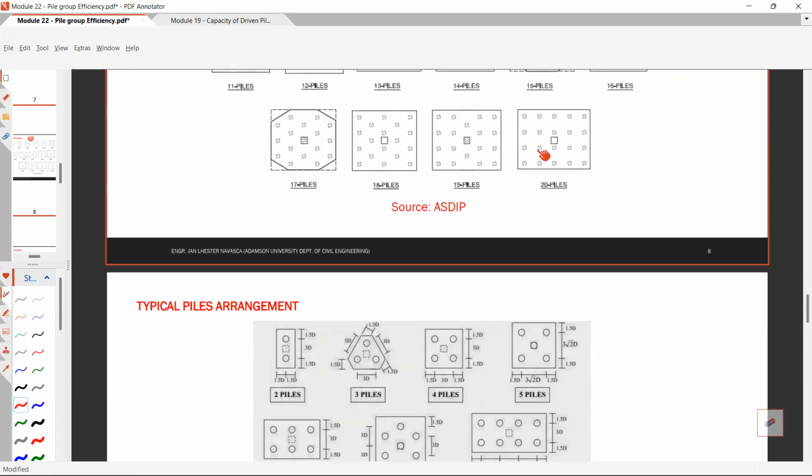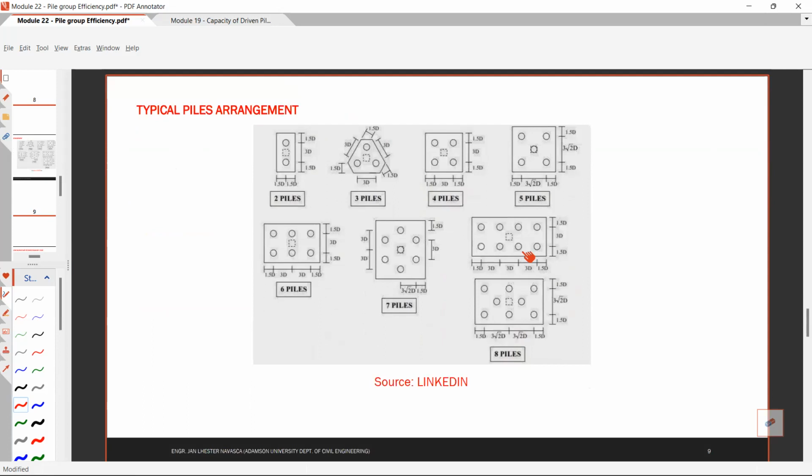Okay. So also we have yung typical pile arrangement with common spacing. Okay? So meron tayong for 2 piles, 3 piles, hanggang 8 piles. So ito yung mga typical spacing na nakikita natin sa mga piles.